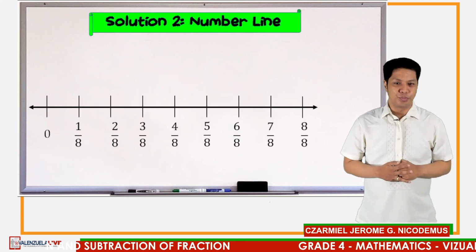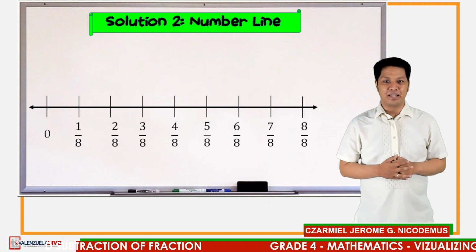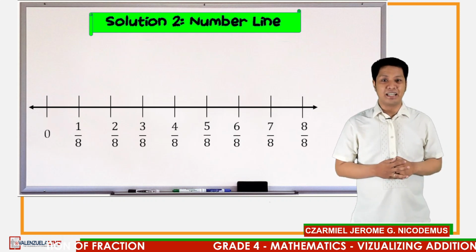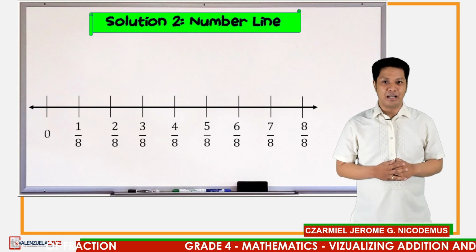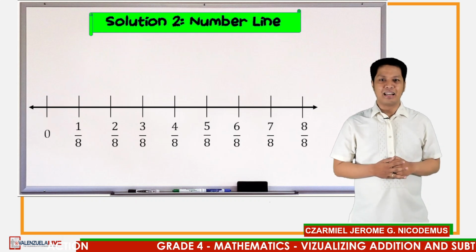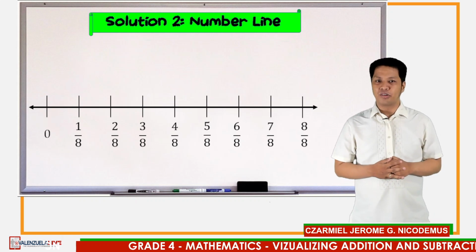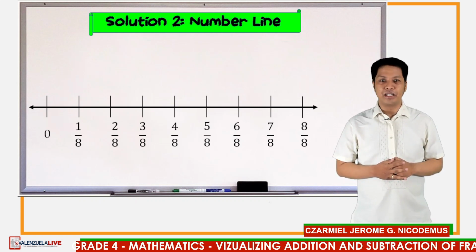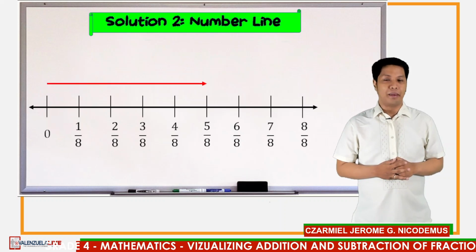Solution number 2, we can use a number line. We can also solve 5/8 plus 3/8 using this number line. First, let us show 5/8 of the chocolate bar on the number line. Draw an arrow from 0 to 5/8.